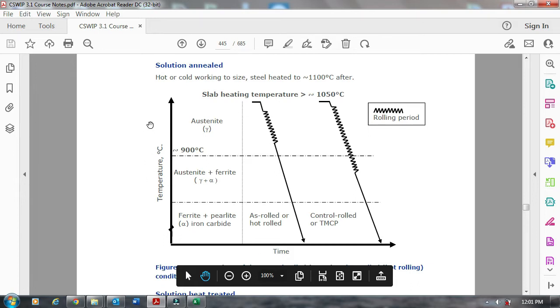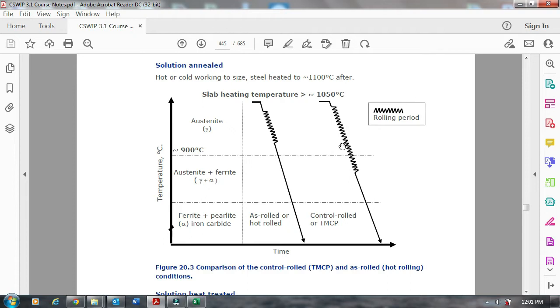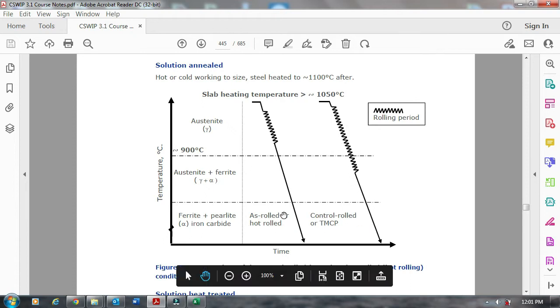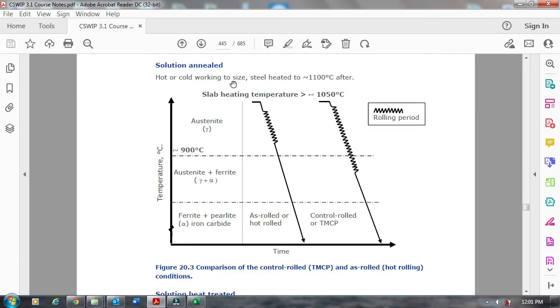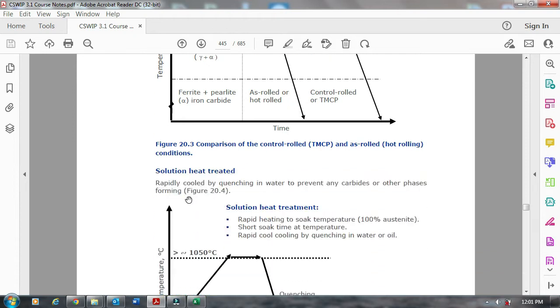If you take a time and temperature chart, you can see the rolling period, how long it is for different kinds of steel. So here we have as rolled or hot rolled, and you have TMCP. In that case the rolling process is longer. So for hot or cold working steel, working to size, steel is heated to 1100 degrees and then rapidly cooled.